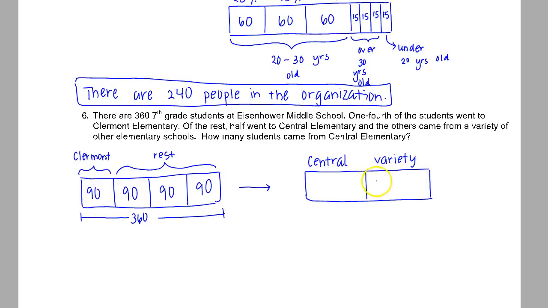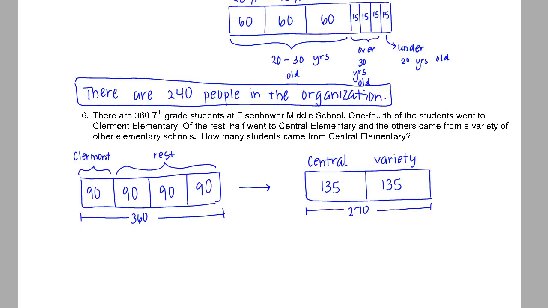Now remember, this second model represents the students that did not go to Claremont Elementary School. So that would be these 90, 90, and 90, or 270 students. So if I divide the 270 remaining students into the two boxes, I have 135 students that went to Central Elementary School and 135 students that came from a variety of other elementary schools.